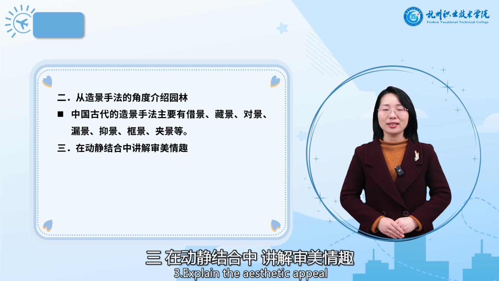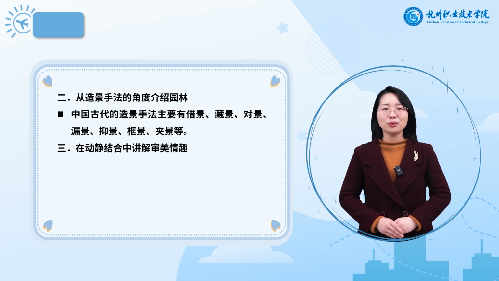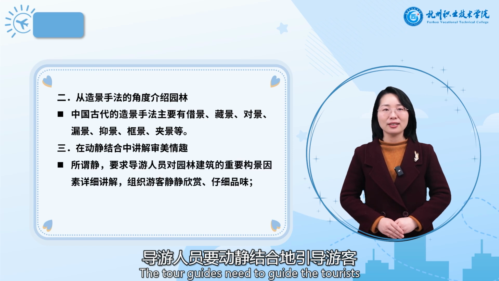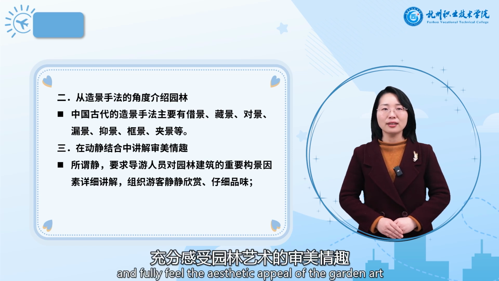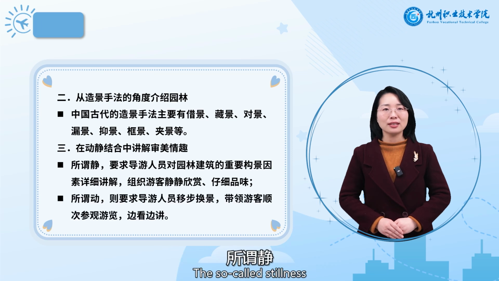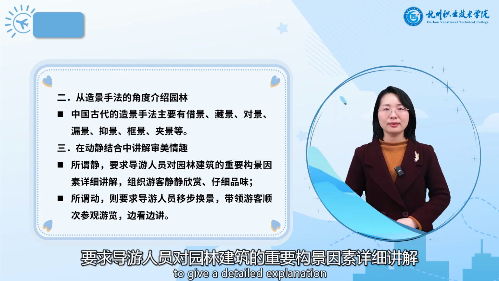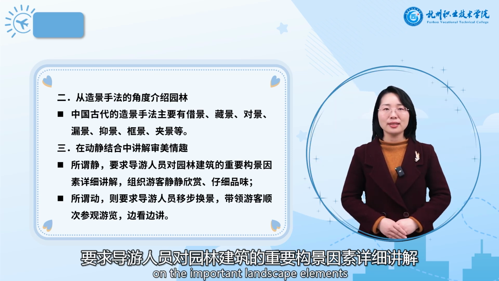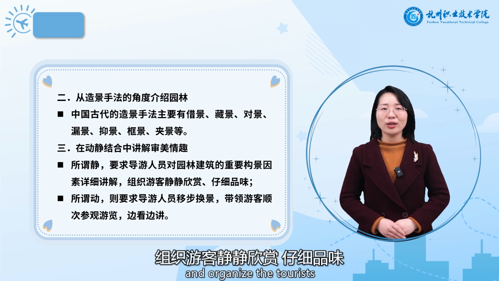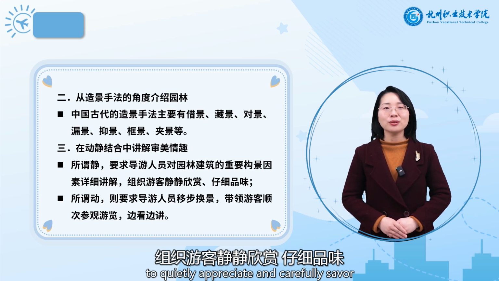Explain the aesthetic appeal in the combination of motion and stillness. The tour guides need to guide the tourists in a combination of motion and stillness and fully feel the aesthetic appeal of the garden art. The so-called stillness requires the tour guides to give a detailed explanation on the important landscape elements of the garden architecture and organize the tourists to quietly appreciate and carefully savor.